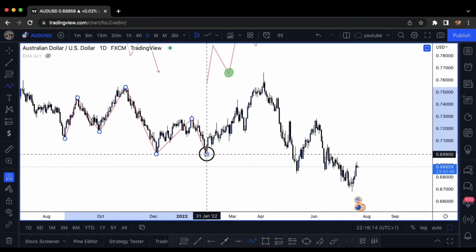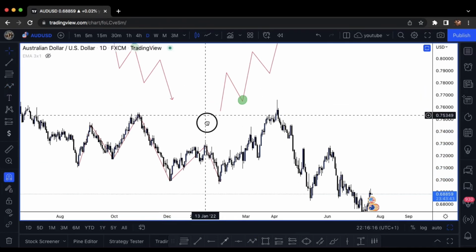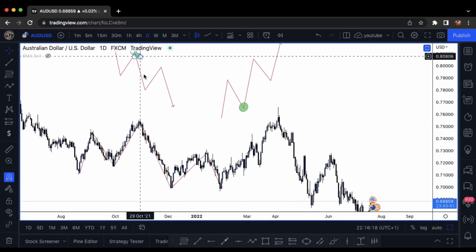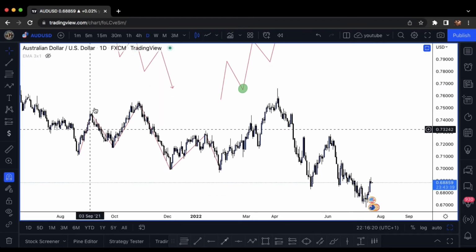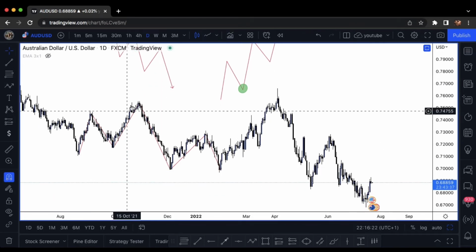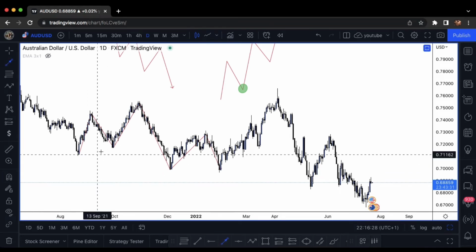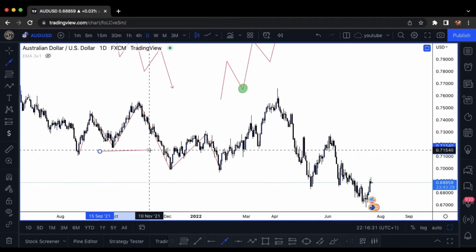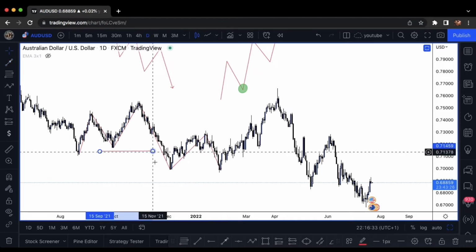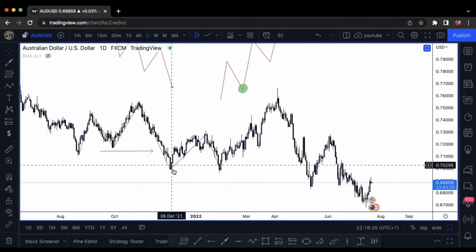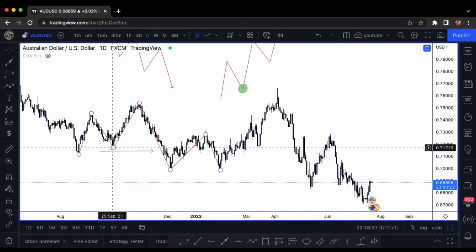And then it came back down. So remember what I said, we need to be entering on the lower highs for a sell. So if you identify this market structure and you see the break of structure, this right here is a break of structure, because price went down and printed candles past the previous low.